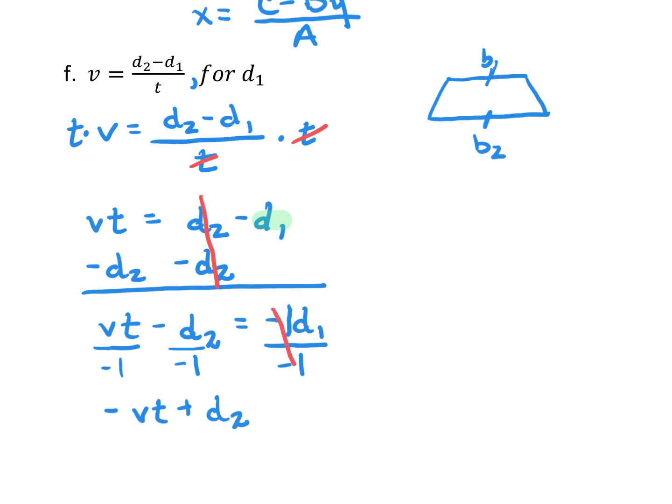The negatives cancel out on the right side, and so we are left with d1. If you want, you can write this as negative Vt plus d2. If you don't like negatives in the front, you can also write this as d2 minus Vt. Either one of those answers would be acceptable.